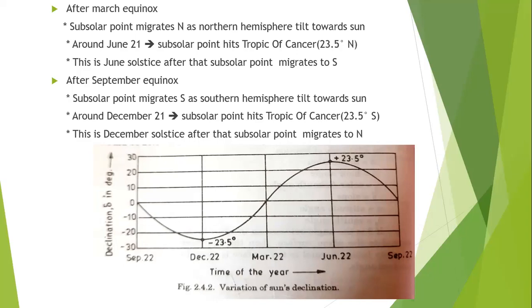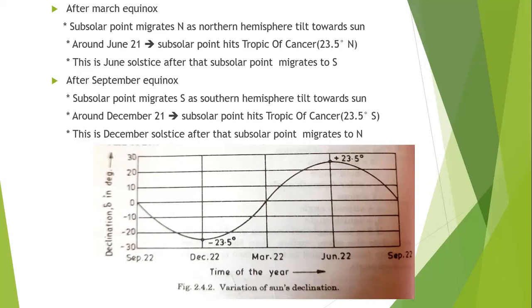The Earth is divided into two hemispheres, northern and southern. In this, the southern hemisphere will be tilted towards the sun, and the subsolar point will be migrating to the south until around December 21st. From December 20 to December 22nd, the December solstice will be occurring.